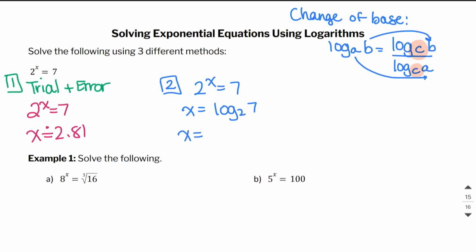So I can write this as log of 7 over log of 2, where the c in this example would be an invisible 10. You can use any base you want, but typically we use 10 because it's the easiest. Some of you have the option in your calculator to type in log base 2 of 7 directly.